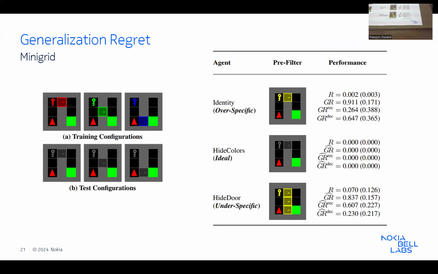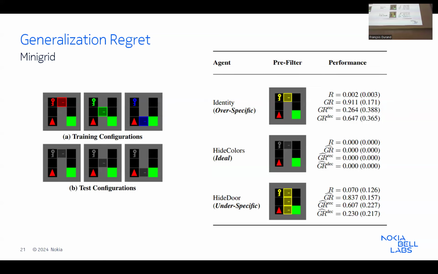So we looked at 3 specific agents here, where we just fed the state to a standard RL algorithm, but we did some pre-processing to represent the encoding of the state before we passed it to the RL algorithm.